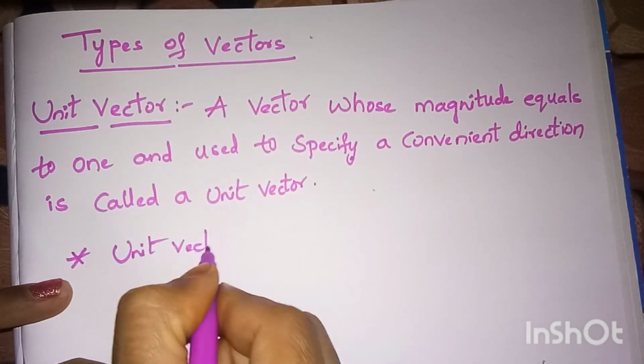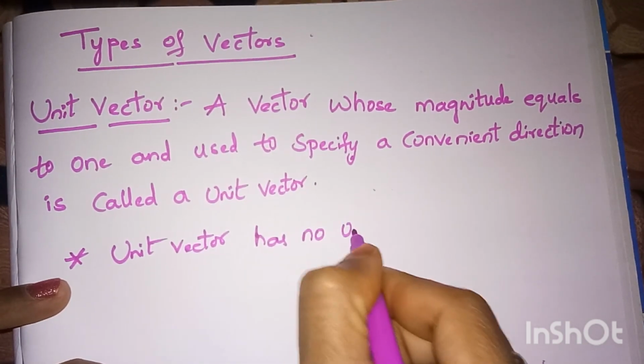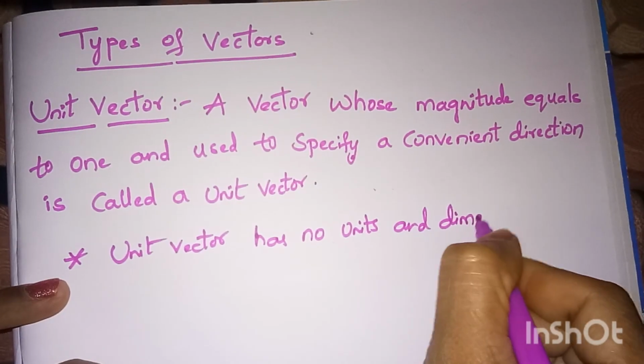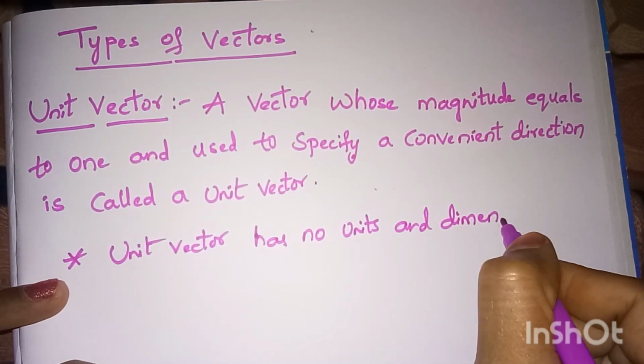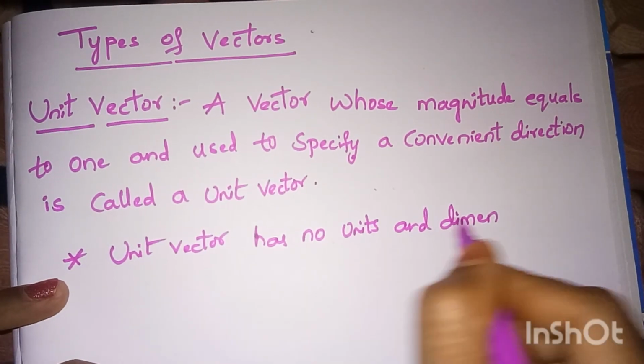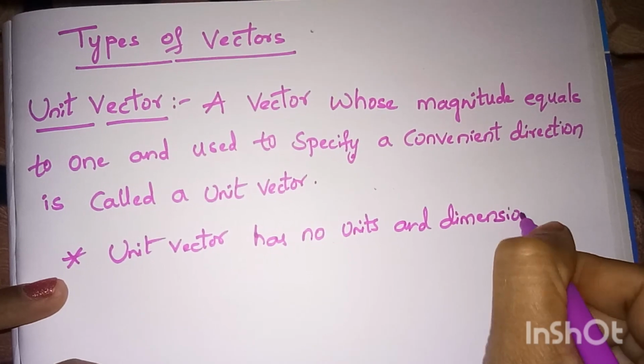Unit vector has no units and no dimensions. As we all know, each vector has units, but this unit vector does not have any units or dimensions.